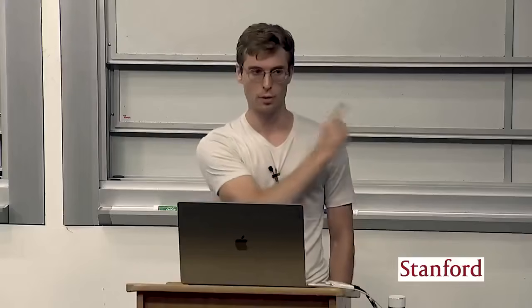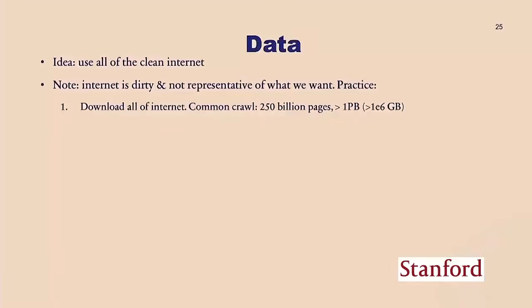People don't usually write their own web crawlers. They use standard ones, and Common Crawl is one of them that basically every month adds all the new websites found by Google and puts them in a big dataset. So on Common Crawl you have around 250 billion pages right now, so 1e6 gigabytes of data.